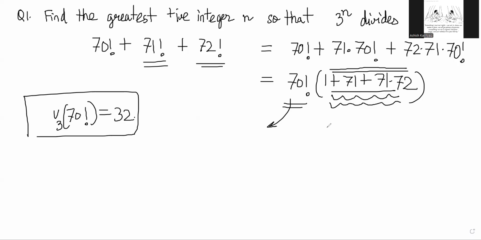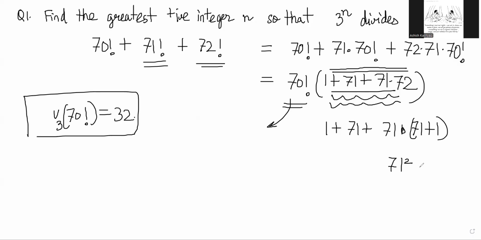By the way, this can be written as 1 plus 71 plus 71 into 71 plus 1, right?